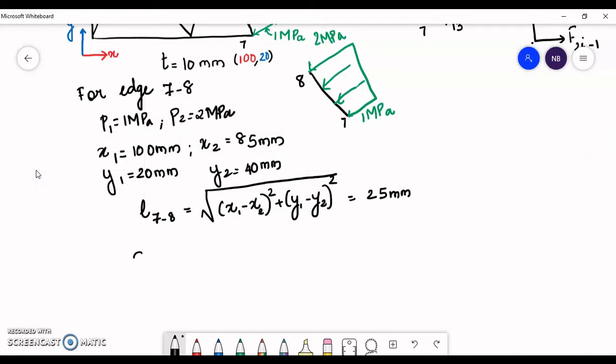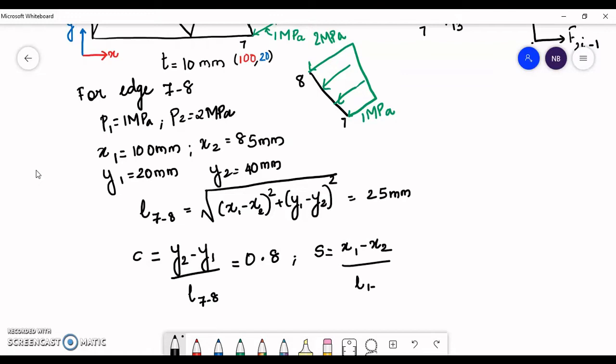Next, we find out the terms C and S. So C is given by y2 minus y1 upon the length of the member. So this is nothing but cos theta, and sin theta S is given by x1 minus x2 upon length 7, 8. This will give us 0.6.